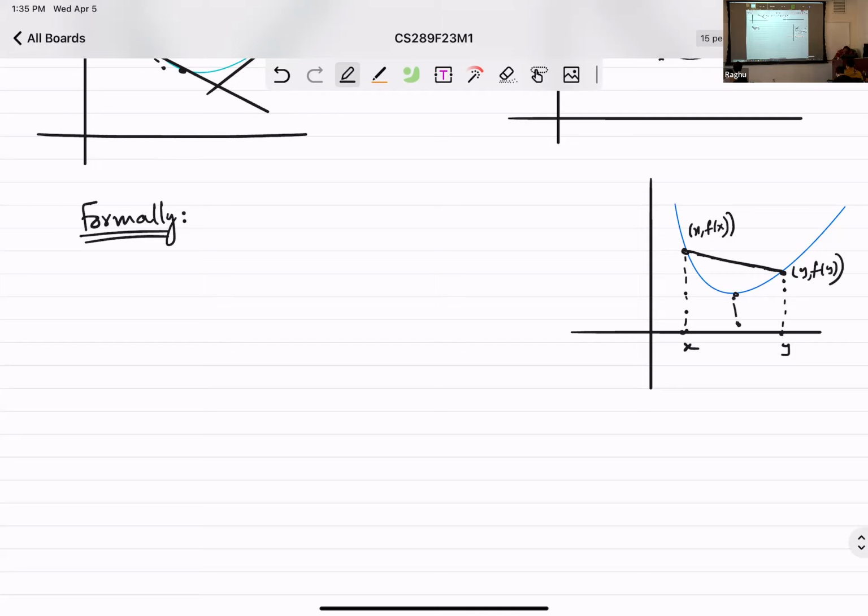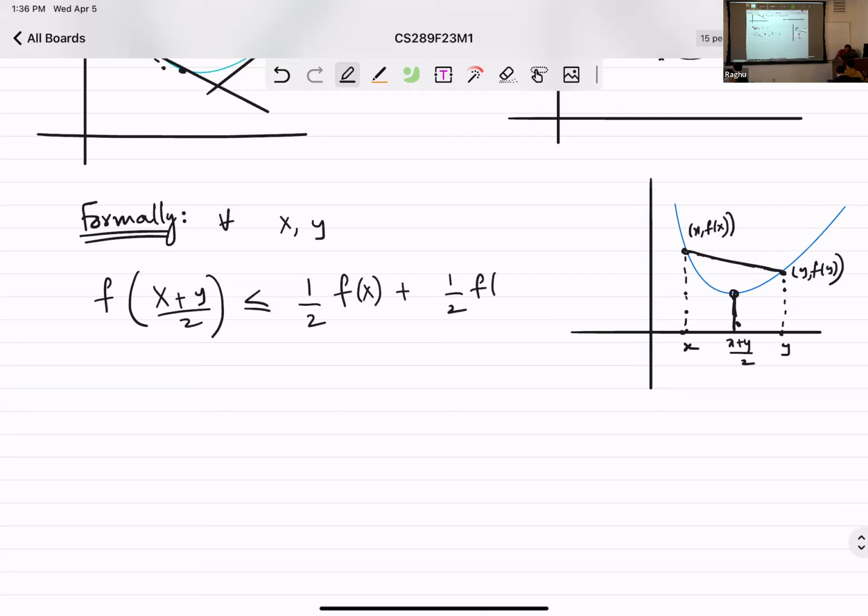So in particular, if I take the midpoint of X and Y, then the function value at the midpoint is less than the average of the values. So for all X comma Y, the value of the function on the average of 2 points is at most the average of the 2 values. This has to be true for any 2 points. Evaluating the function on the average is only going to be at most the average of the 2 evaluations. First evaluating and then taking the average is going to give you a higher number.